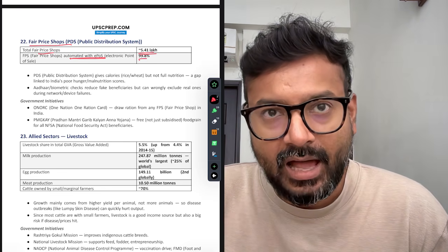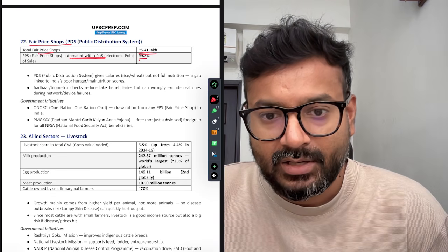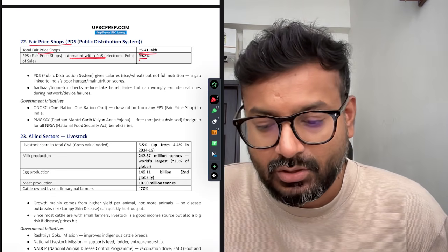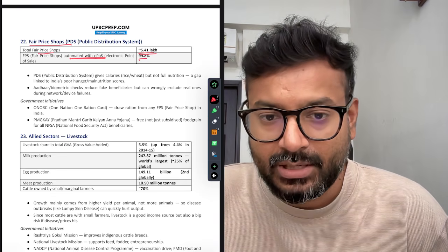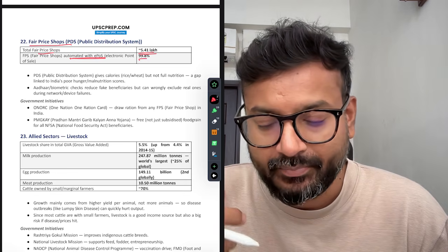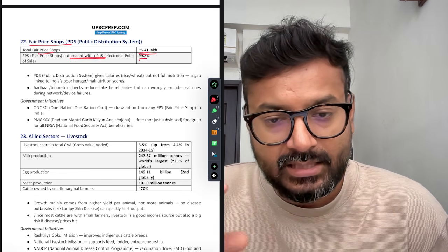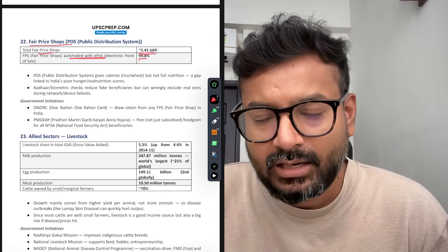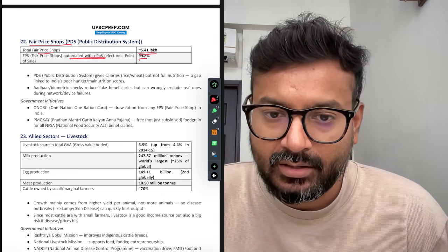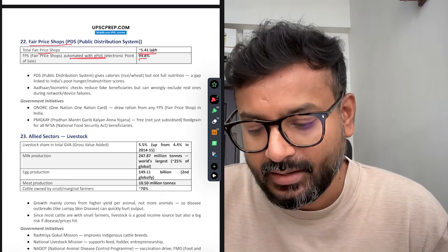So you have a ration card, you go to a shop and they have a point of sale machine. They take your biometric, it is connected through your Aadhaar, and you get your subsidized grain, right?